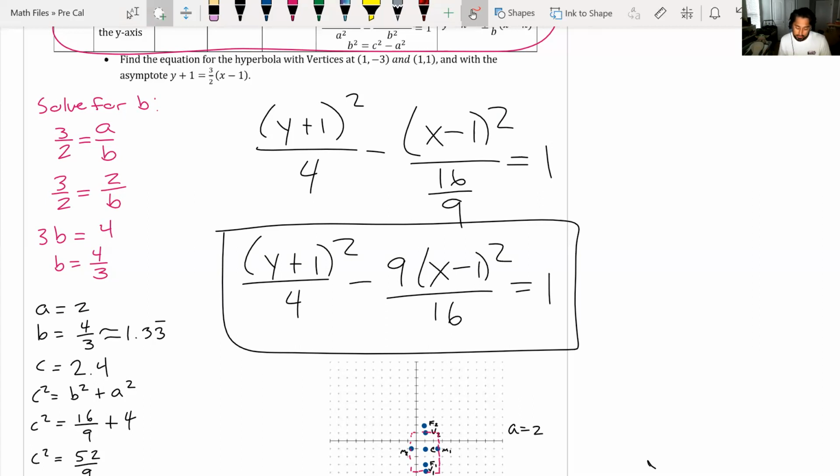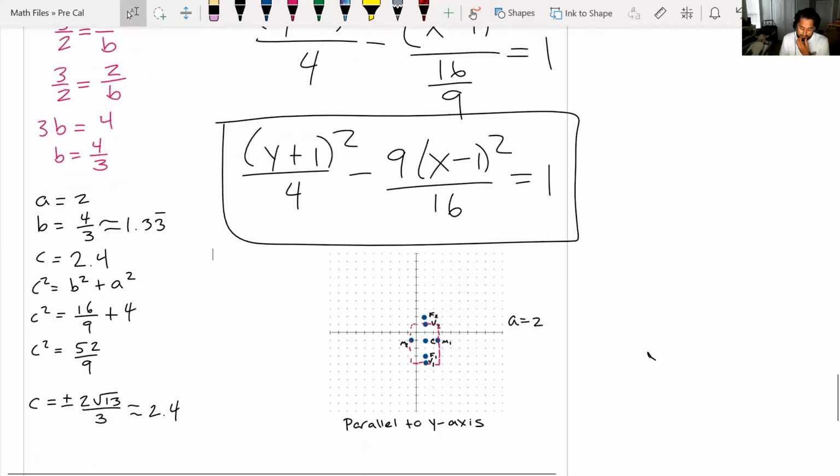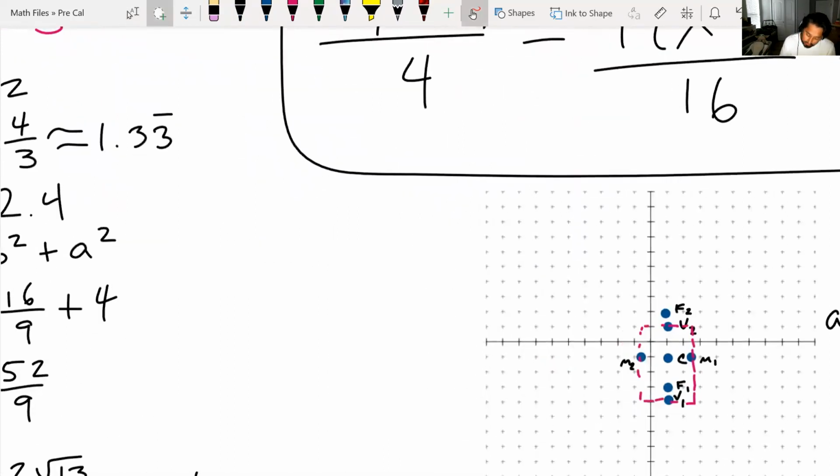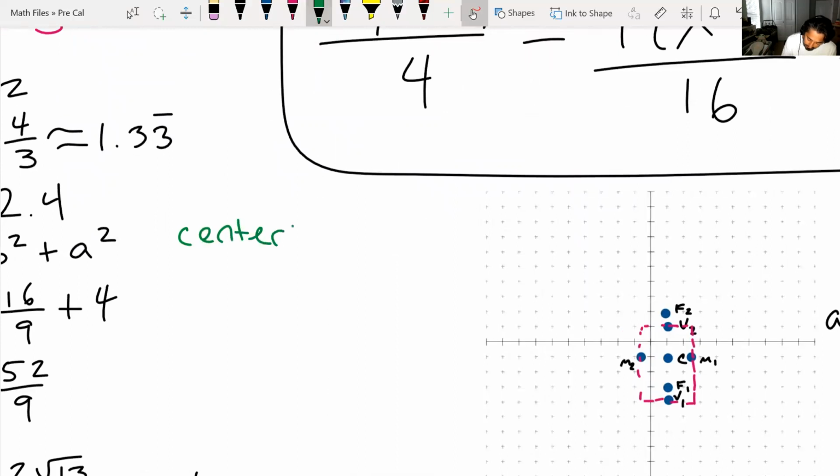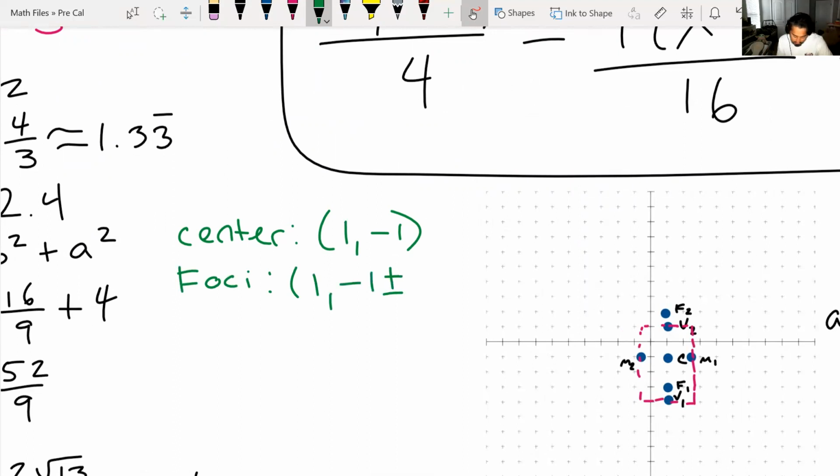Now let's fill in the rest of the missing pieces. That'd be (1, negative 1). Once again, center is at (1, negative 1). Foci are at 1 and negative 1 plus or minus, what was it, 2 square root 13 over 3, or 2.4.